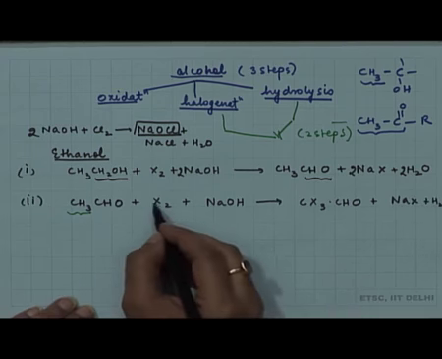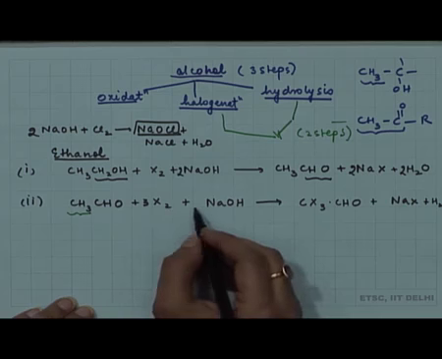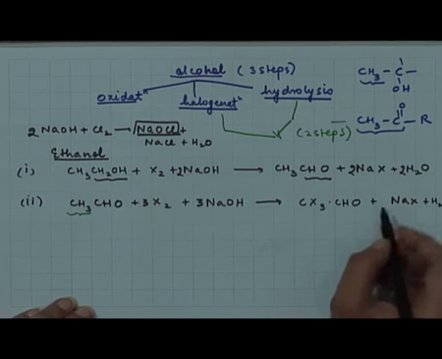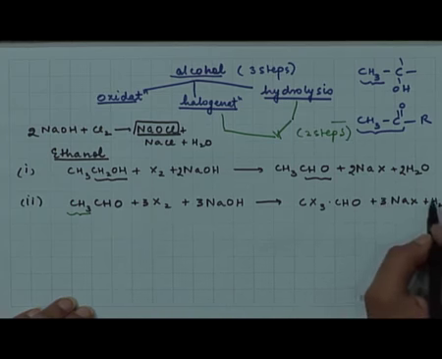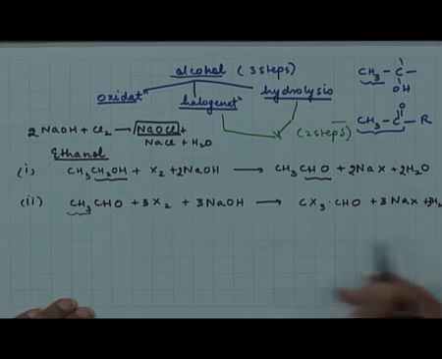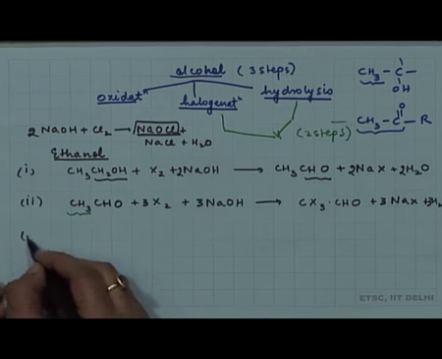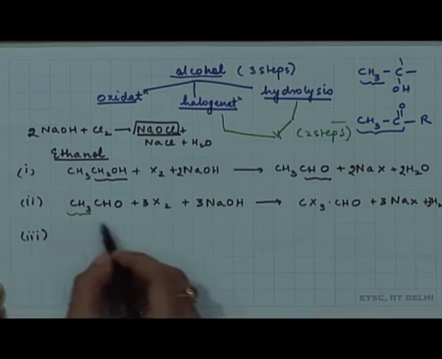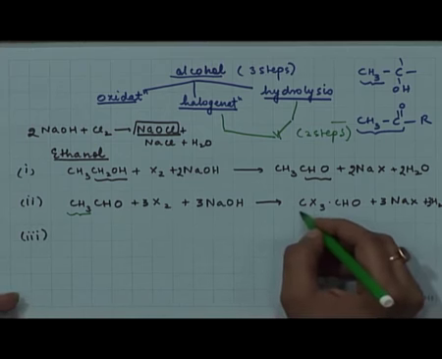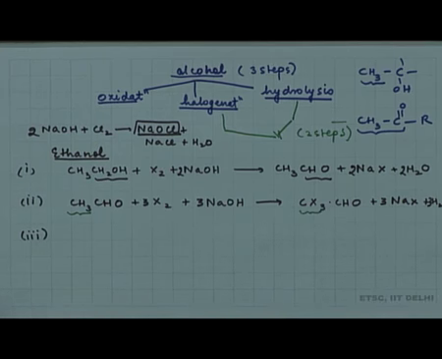So, if you balance this, you require 3 molecules of halogen, 3 of NaOH to give you 3 of sodium halide and 3 of water. This is the second step, the halogenation, involving complete halogenation of the alpha hydrogens.